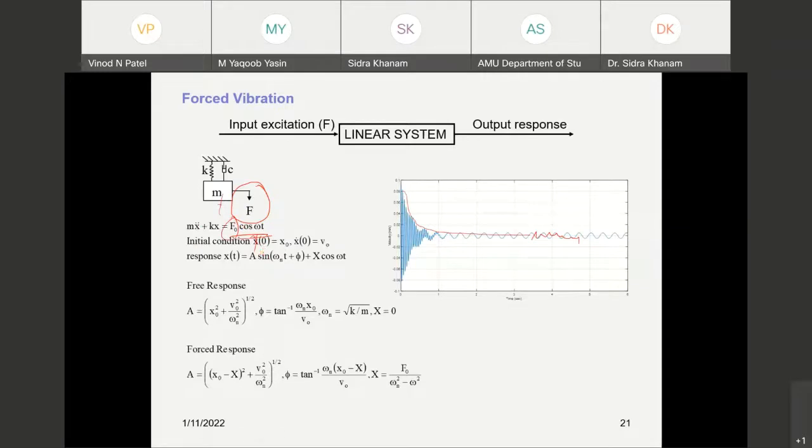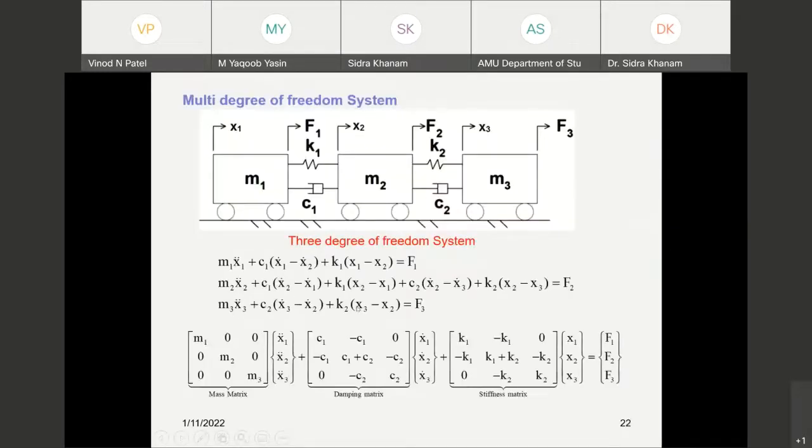So this part is not zero, and the same can be done for a multiple degree of freedom system also. You can derive a number of equations. Suppose there are three masses, so three equations are available. The relationship between mass 1 and 2, and whatever spring constants or damping values are available, can be derived in the form of matrices.